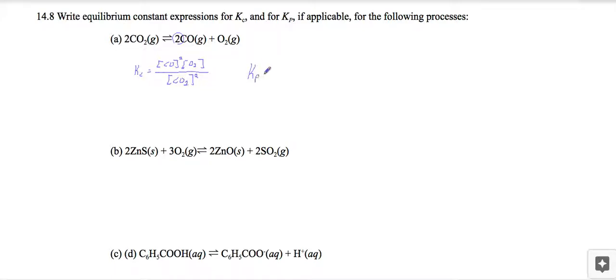And we could do the exact same thing with Kp. So here's our Kp. Pressure of carbon monoxide, pressure of oxygen. Again, we're going to square that over pressure of carbon dioxide.